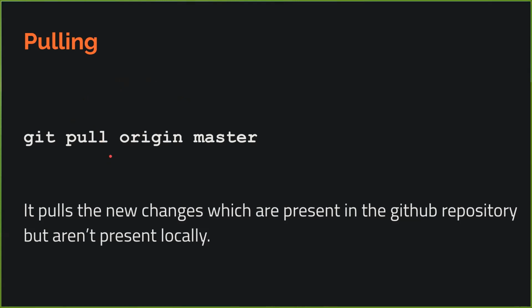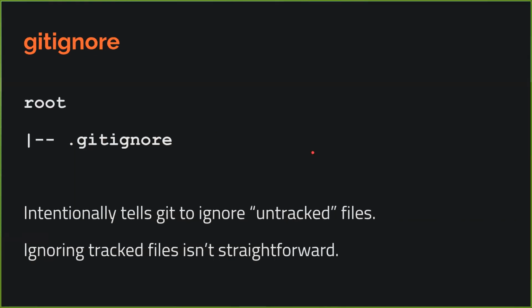When your friends have committed and pushed on that same repository, you can do a git pull origin master. Origin is the name of the remote, and master is the name of the branch. Forget about it. We only have one remote and one branch. These could be many. Now let's go to the next slide. So, git ignore. This file is quite important for a lot of projects.